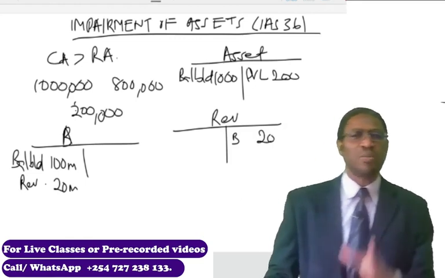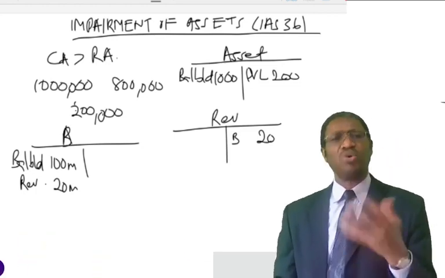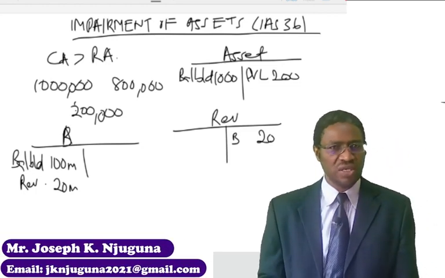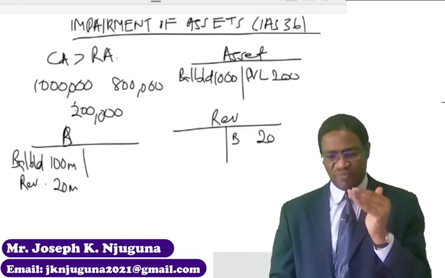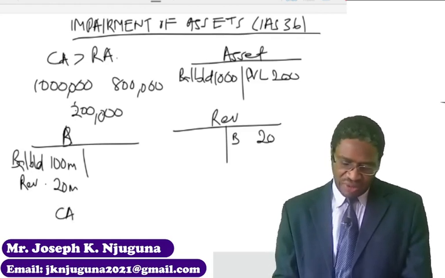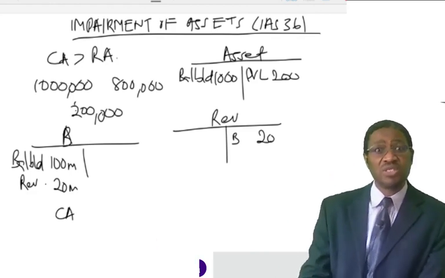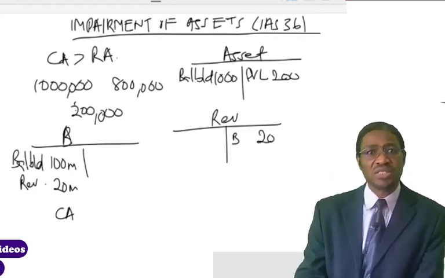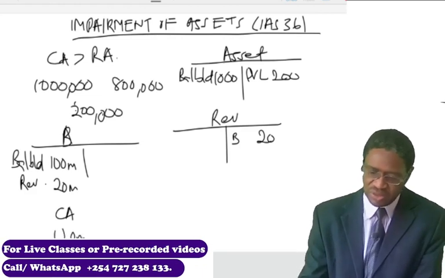Now, suppose by the end of the year, you wanted to know whether your asset could have suffered an impairment loss. Remember, after you have revalued, your asset now will have a carrying amount of how much? 120 million.